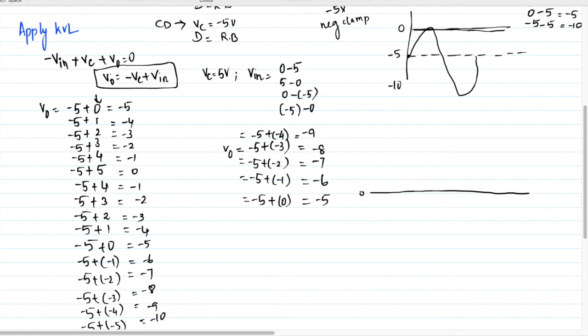Okay, this is the old DC value. So let's plot it. The graph is starting at minus 5. Let's assume this is minus 5.